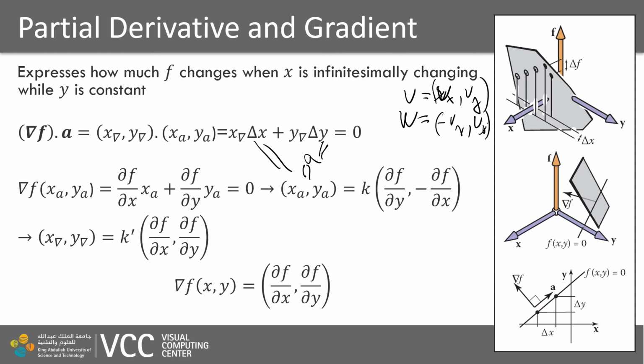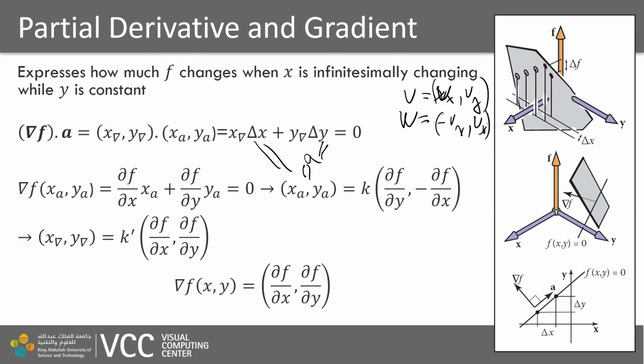So this means that in order to have a zero value, which is the partial derivative change along the line, for the dot product the xa and ya have to be equal to k times the partial derivative according to y minus the partial derivative of x, because we have switched these two coordinates and the x got a minus.